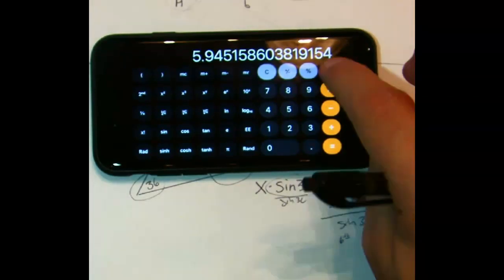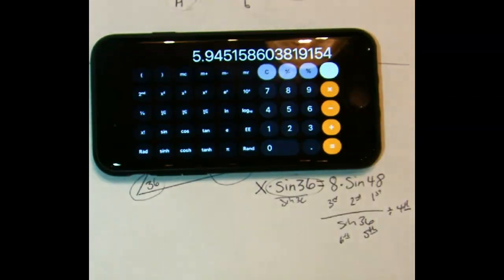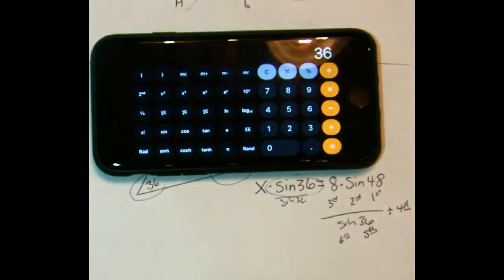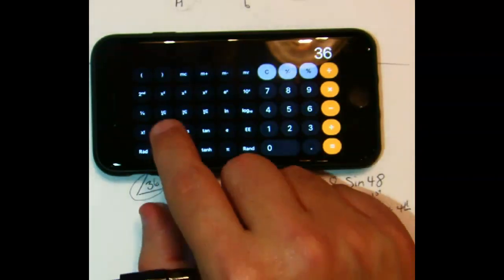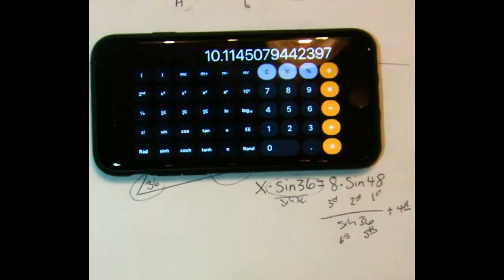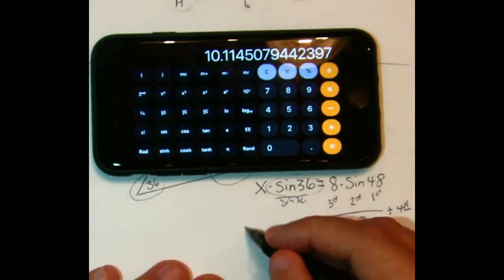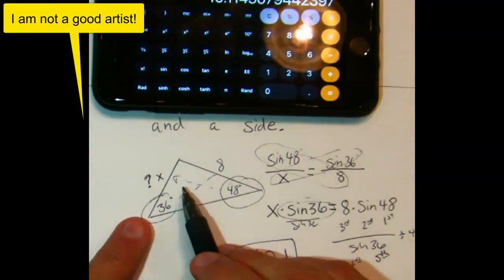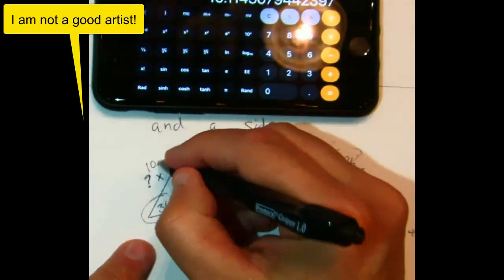So let's put in divide by 36, sine, equals, and there's your answer, 10.1. Now you can round it. So the length of x is 10.1.